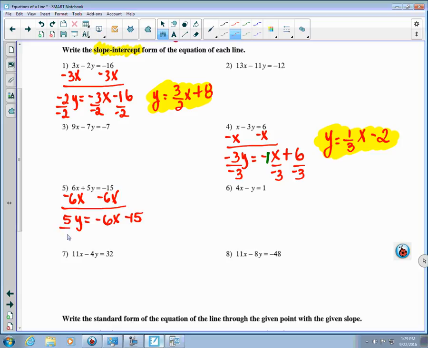And then we're going to divide by 5. All right. So what's negative 6 divided by 5? Negative 6/5. And then what's negative 15 divided by positive 5 is negative 3.